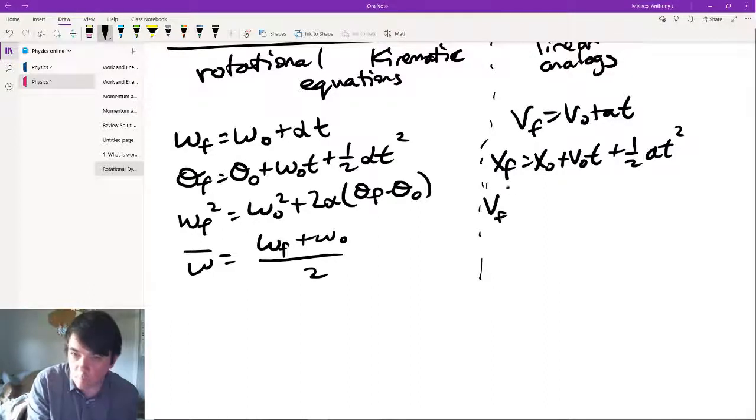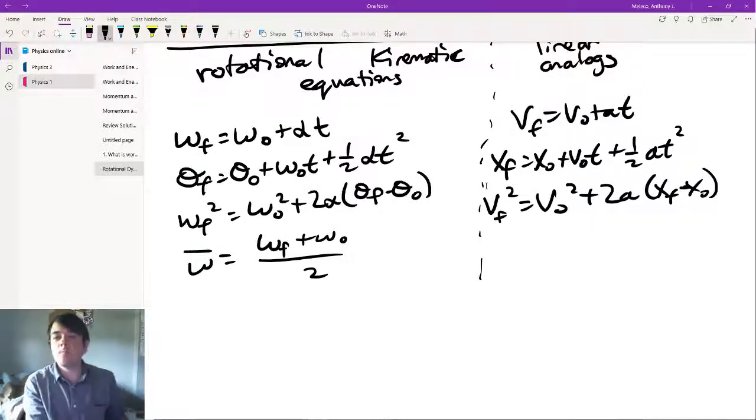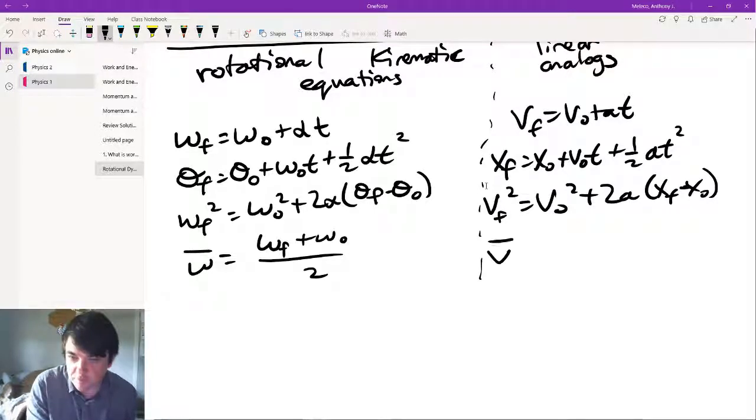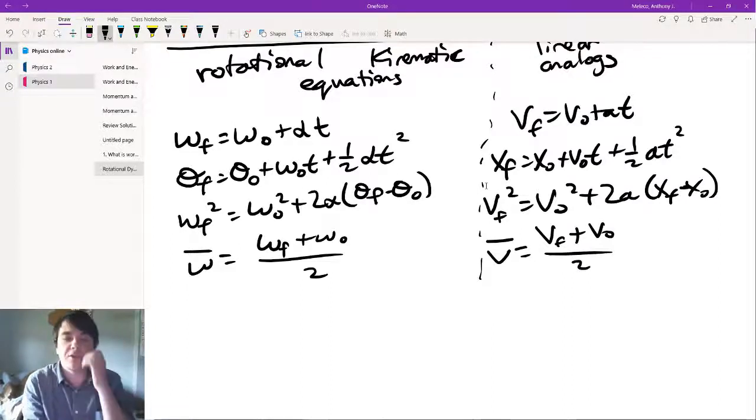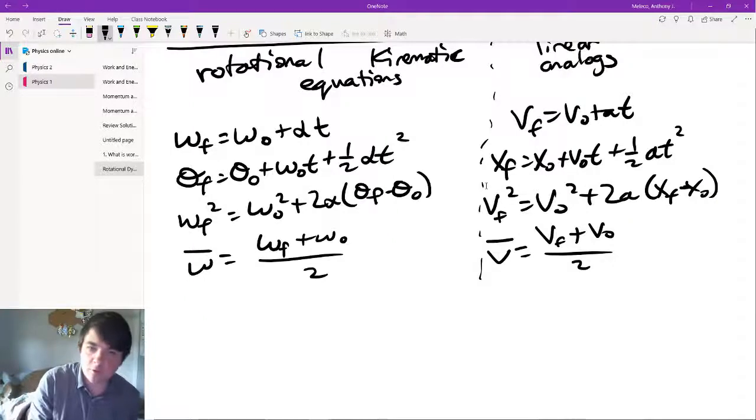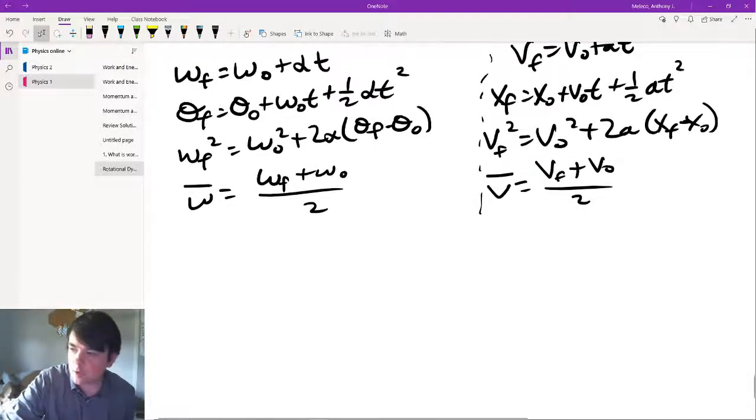If it surprises you that these equations are basically the same, you just swap out the angular term for the linear one. The reason is they were derived under the same laws of physics, F equals ma. Just because you're rotating, the laws of physics don't suddenly change, so of course these look the same.